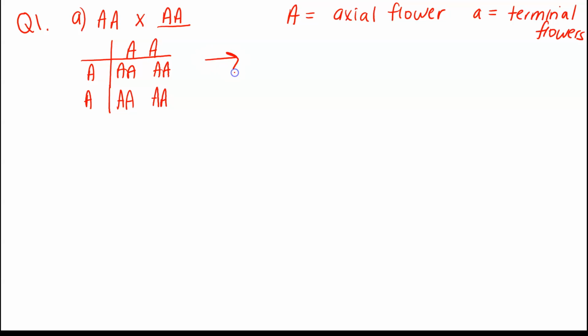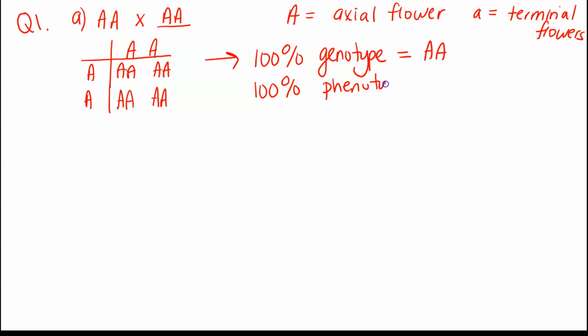So in this situation, you're going to have 100% genotype of the offspring being big A, and then 100% phenotype of that offspring is going to be axial. They are going to show the axial flower.